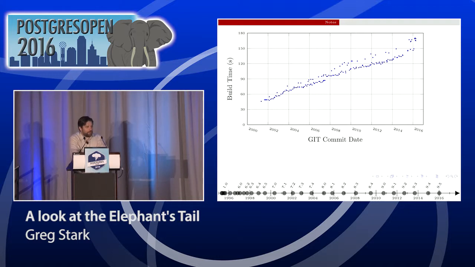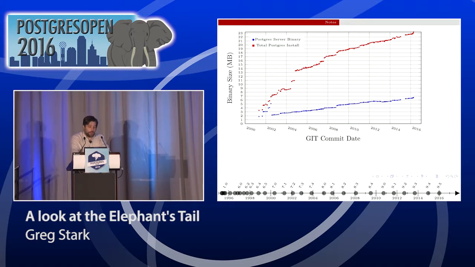Considering the level of complexity and sophistication that's gone in that time, that's actually a surprisingly small change. The binary has grown over that time from about 2 megabytes to about 5 megabytes. When people accustomed to C++ and Java binaries find out that all of Postgres is only a 5 megabyte binary, they sometimes get a bit confused, thinking surely that's gigabytes.